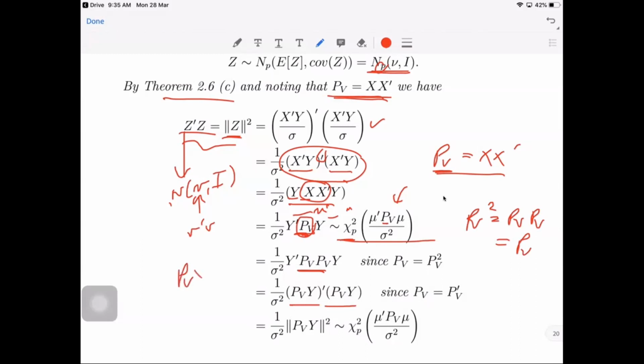You want the square norm of PBY, which is PBY prime PBY, no? So to obtain this square norm sa PBY, you have to rewrite this in this manner.